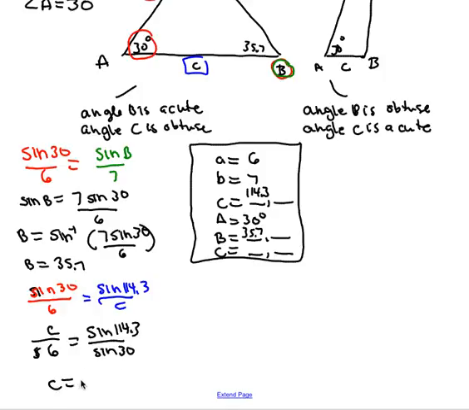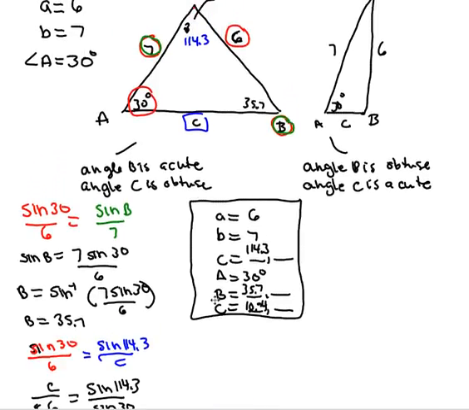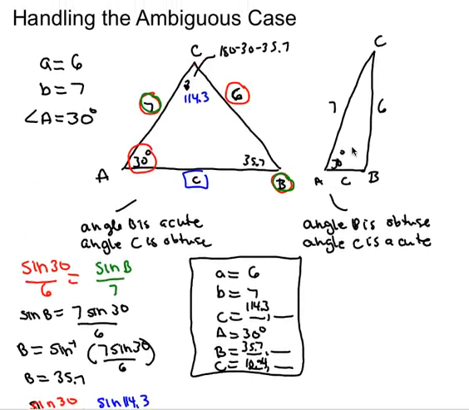So C is equal to 6 times the sine of 114.3 over the sine of 30. If you put that into a calculator, you get that C comes out to be just about 10.94. So I'm going to go up here and put C is 10.94.